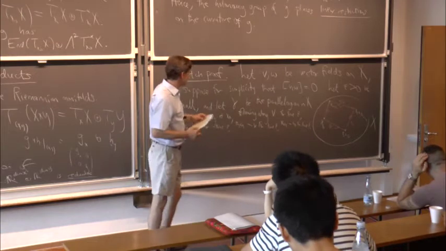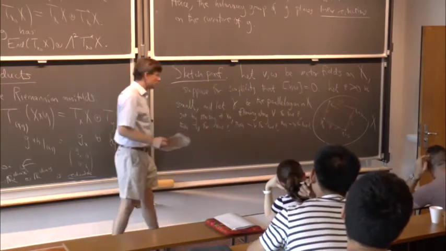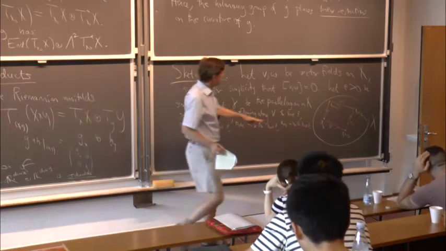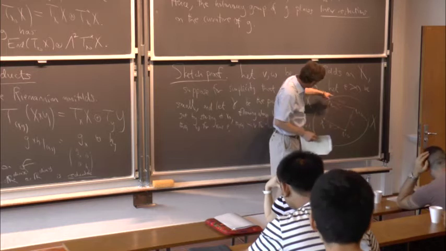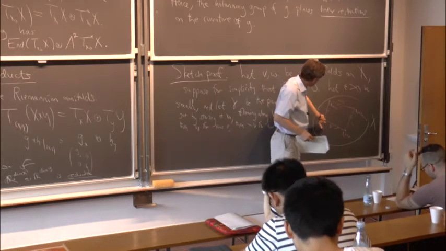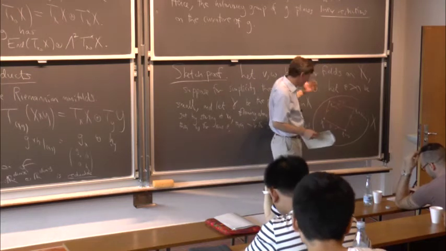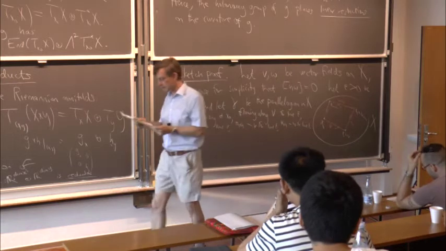Now the fact that the vector fields V and W commute implies that when you do these four things, you get back to the same point. If they didn't commute, then you get back to some other point which would differ by order epsilon squared, and the direction between the two would have to do with the Lie bracket there.